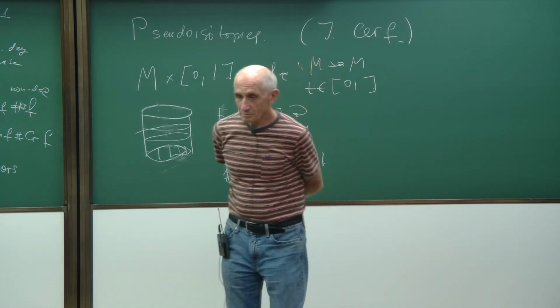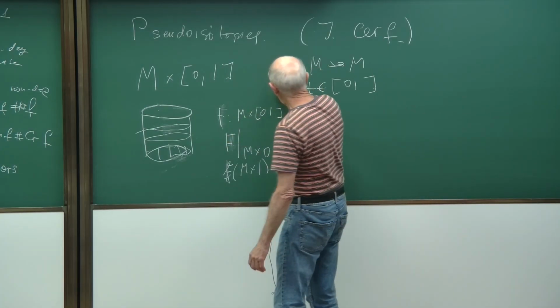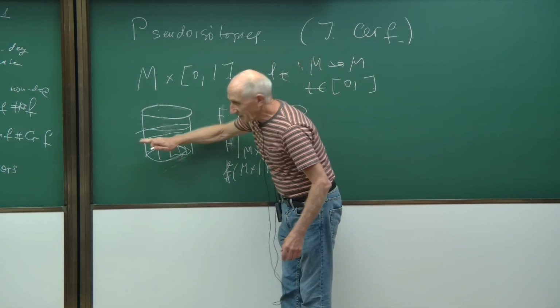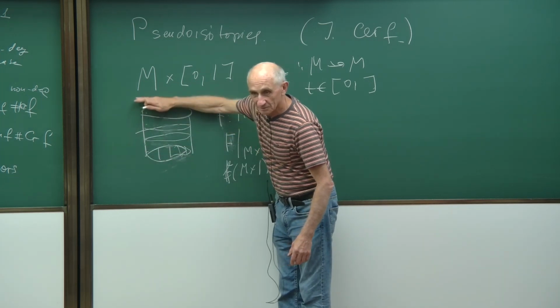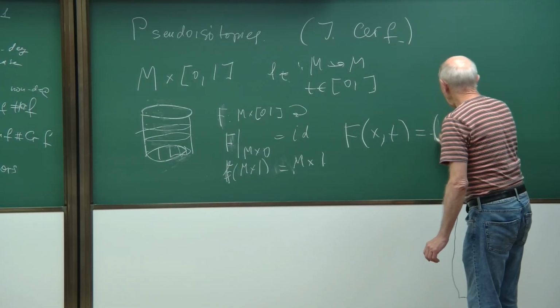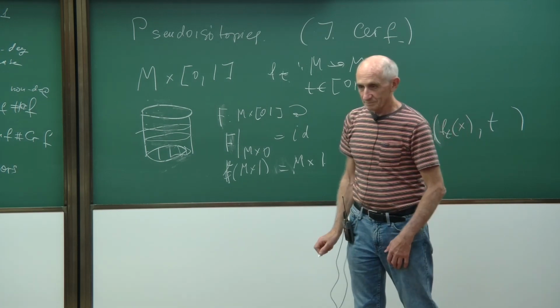F capital is called the pseudo-isotopy. But out of F_t I can make a trivial pseudo-isotopy, defining on each level t to be equal to F_t, so F(x,t) is equal to F_t(x).